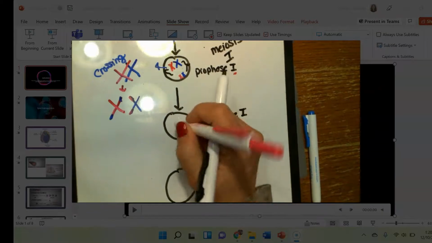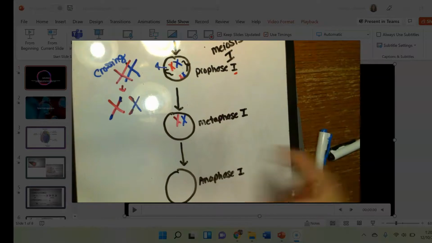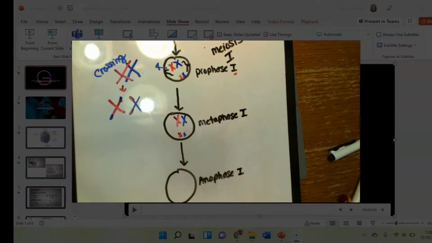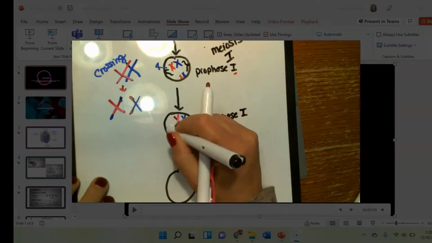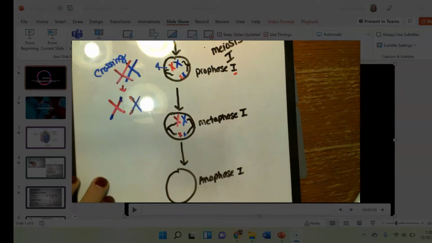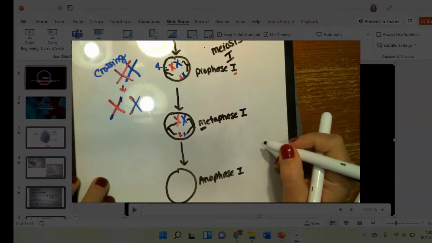So chromosome 1 is going to line up right here. Chromosome 2 is going to line up. Metaphase. And it's all going to be lined up by these spindle fibers. So remember, M for middle, they line up along the middle of the cell.